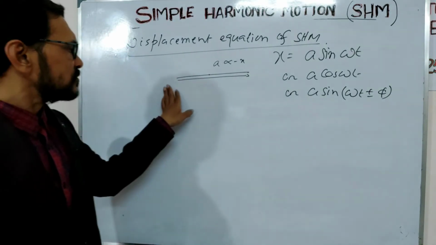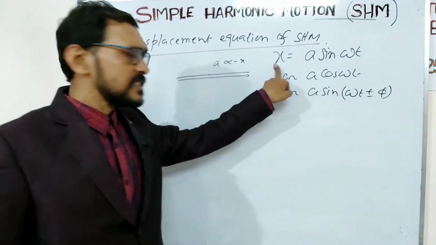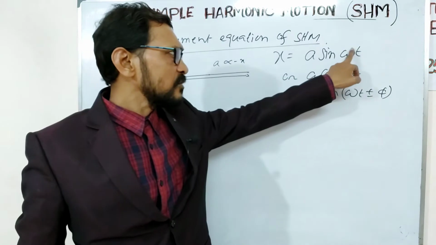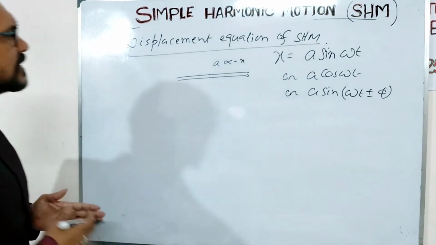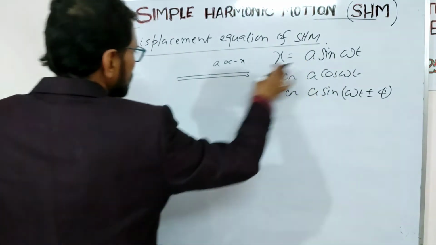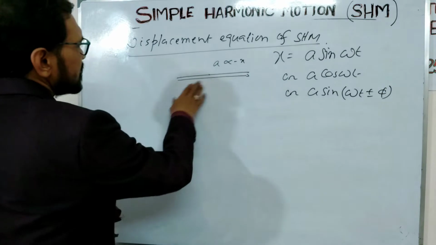We are familiar with linear SHM, but when we express the displacement equation, an angular velocity is present. Now what is the relation between angular motion and linear motion?